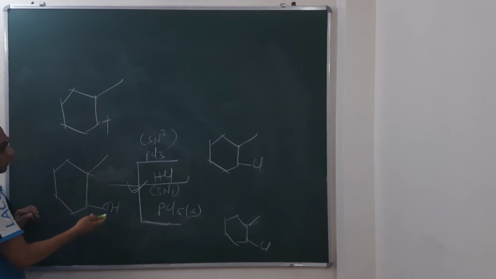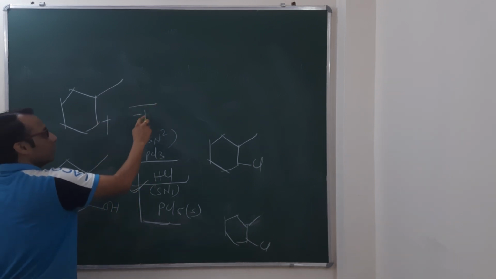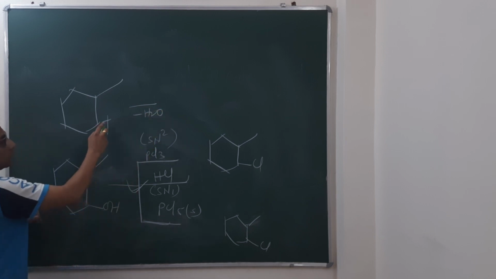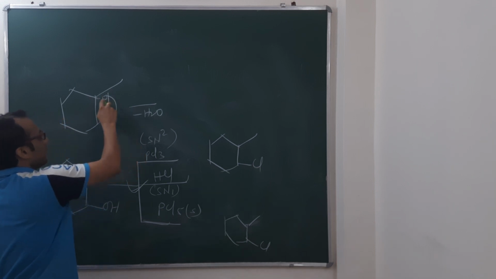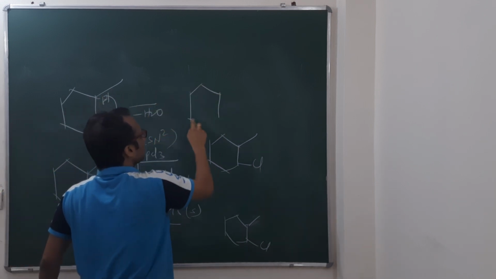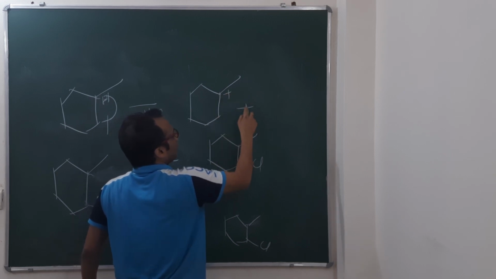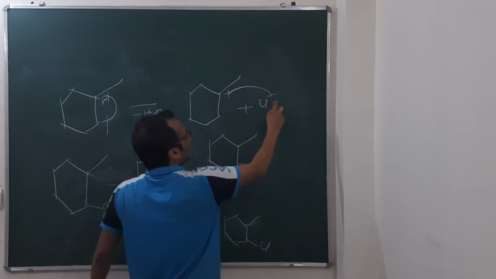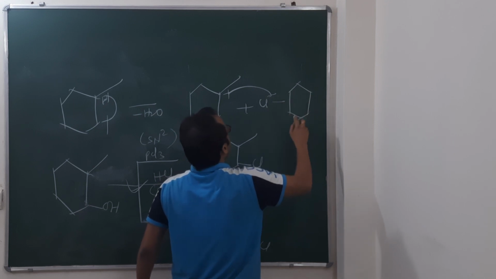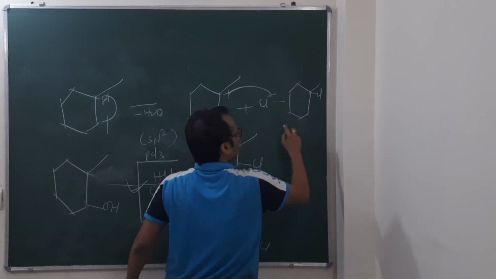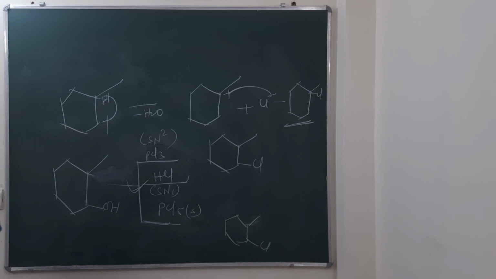The cation charge will come here because H will attack on the OH and water will be removed. So there is a hydride shift here, and the cation charge is here. Now Cl negative will attack, and that will form like that. Here is the chlorine. Clear? Done.